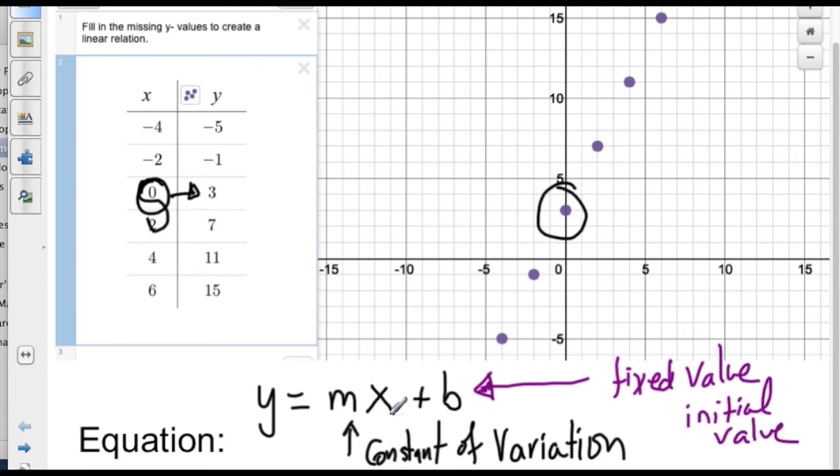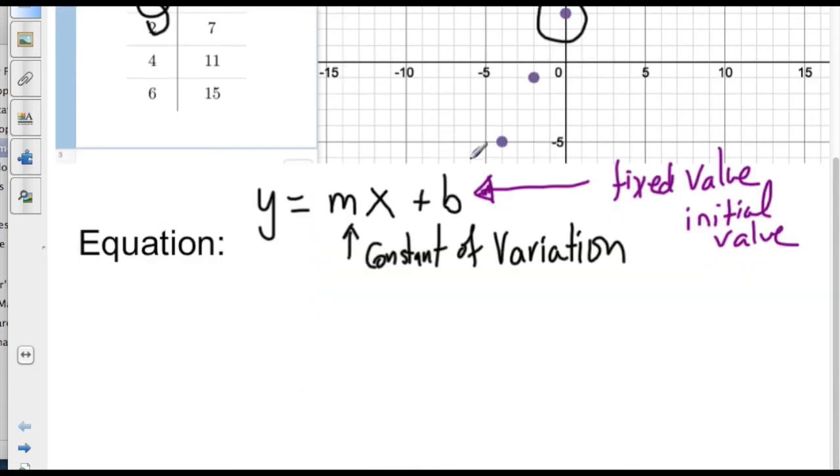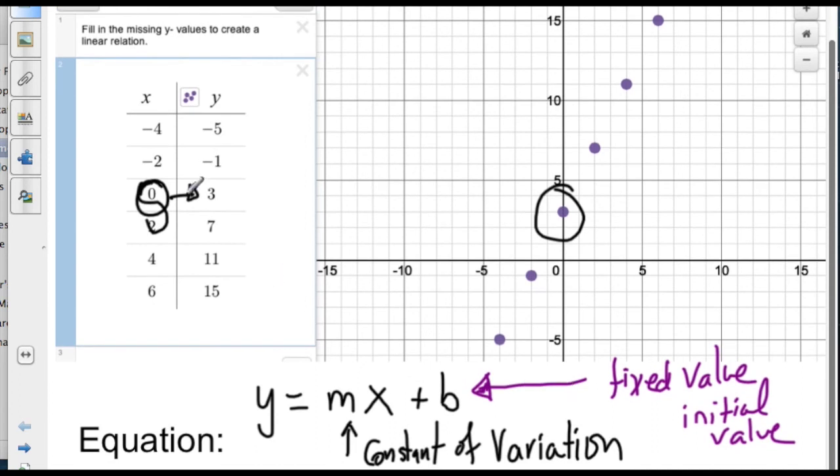All right. To continue, let's find the equation for the line I've drawn. The constant of variation is what the y variable changes by every time the independent variable changes by 1. Notice that as the independent variable changes by 2, our y variable changes by 4.